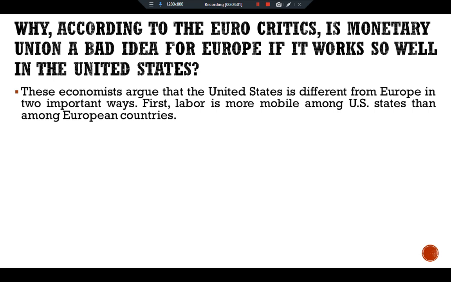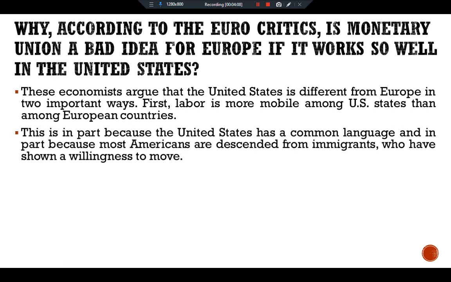First, labor is more mobile among US states than among European countries. This is in part because the United States has a common language, and in part because most Americans are descended from immigrants who have shown a willingness to move.